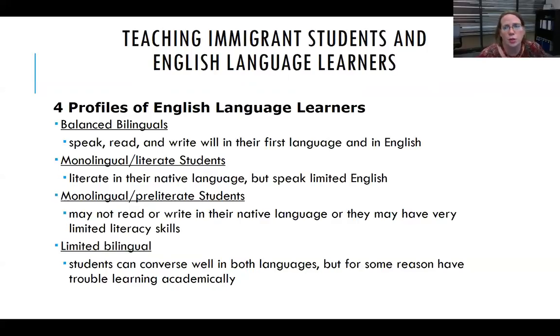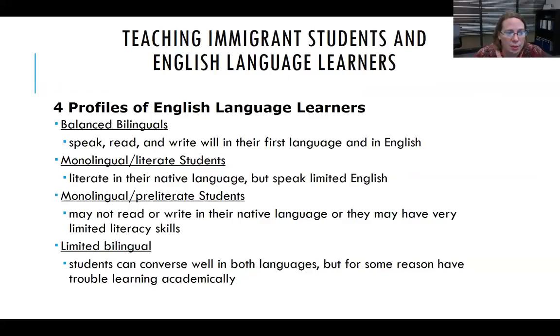And some of this has to do with timing. So how long have they been in the United States and when did they come? And then monolingual and pre-literate students may not read or write in their native language, or they may have very limited literacy skills. So again, timing, educational level, opportunities for education may have an impact on that.